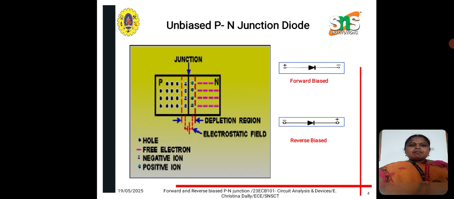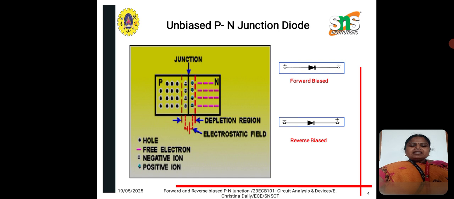So in this unbiased PN junction diode, we are having two types. One is P type, another one is N type. So here when the supply is not given, when no external force has been applied, the holes present in the P type will move to the N type and the electrons present in the N type will move to the P type. So at that time a region is formed due to the electrostatic field. That region is termed the depletion region.